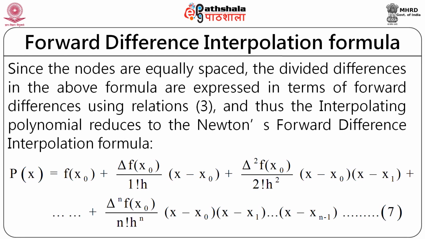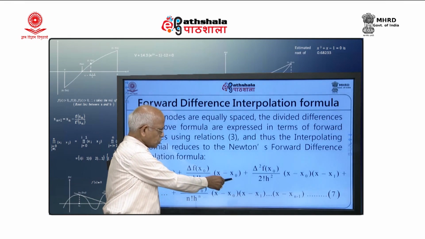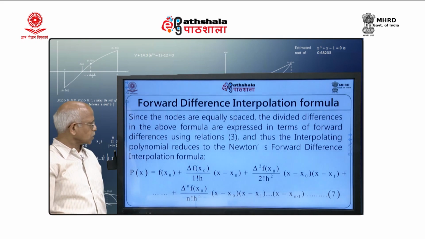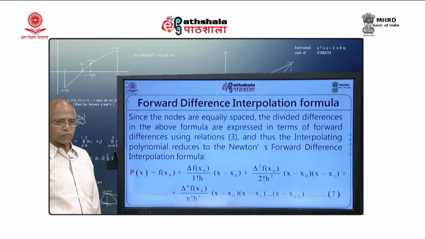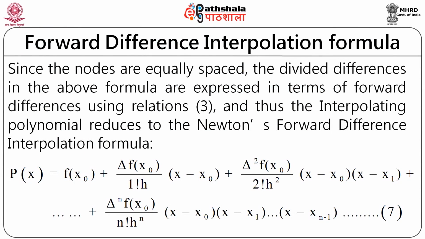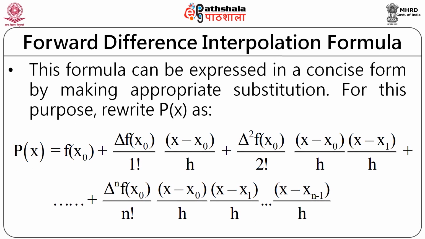So, p x is equal to f x 0 plus delta f x 0 by 1 factorial into h into x minus x 0, plus delta square f x 0 by 2 factorial into h square into x minus x 0 into x minus x 1 and so on, and we will get the last term as delta raised to n f x 0 by n factorial into h raised to n into x minus x 0 into x minus x 1 up to x minus x n minus 1. So, this is the simple derivation of the Newton's forward difference interpolating polynomial using the divided difference interpolating polynomial.